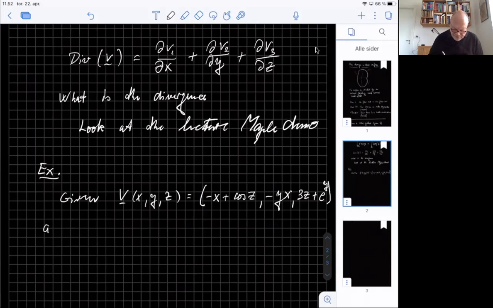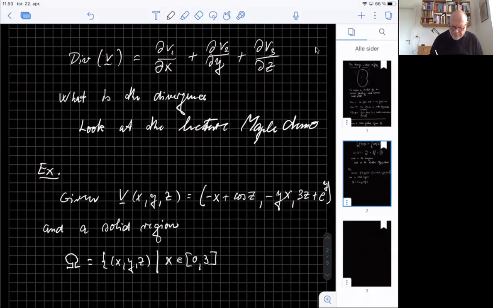And a solid region omega, and this is the set of points where x is in the interval from 0 to 3, y is in the interval from 0 to 5, and finally z is in the interval from 0 to y squared.